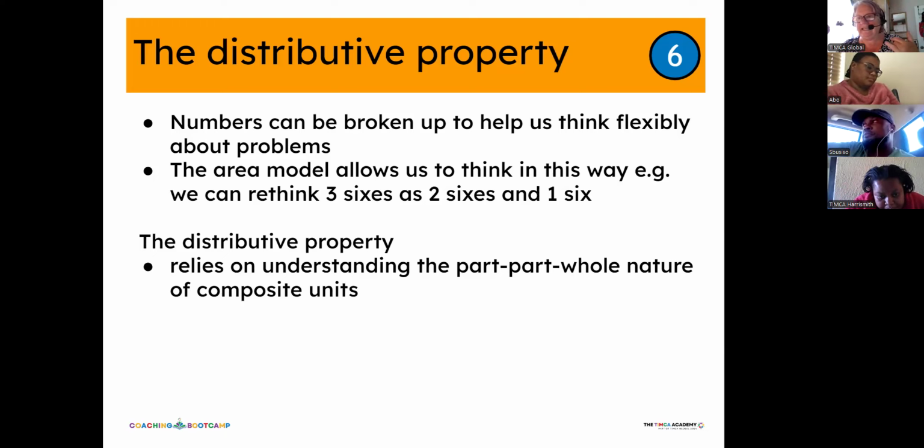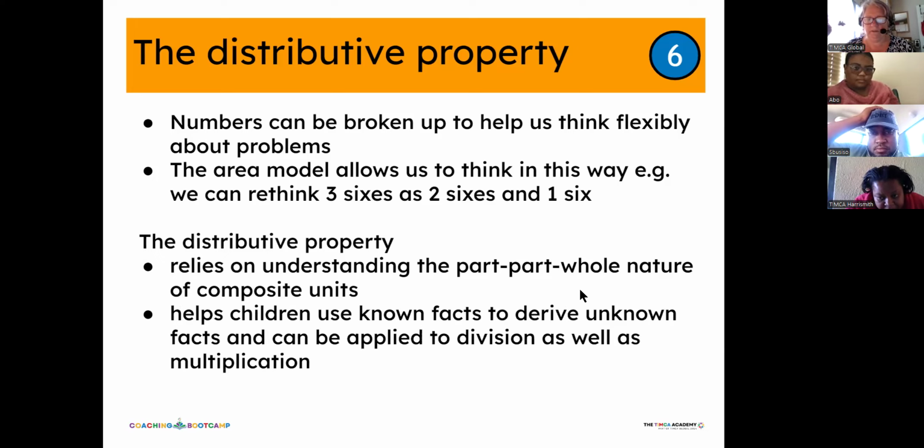So for 16, we've had 8 plus 8. We've had 4 plus 4 plus 4 plus 4. We've had 10 plus 6. We've had 5 plus 5 plus 5 plus 1. We've had all of these different things make up 16. So we understand what parts make up the whole to give us different units that we can work with.